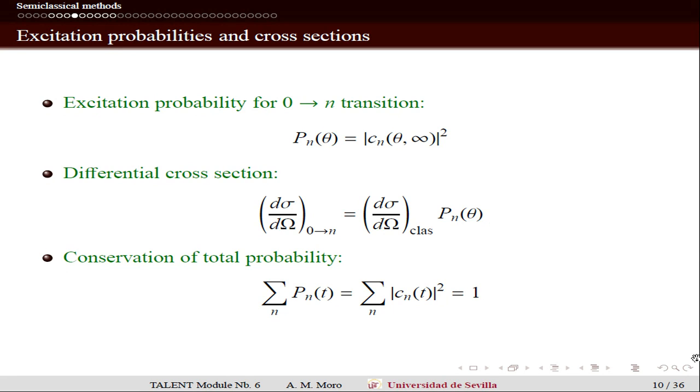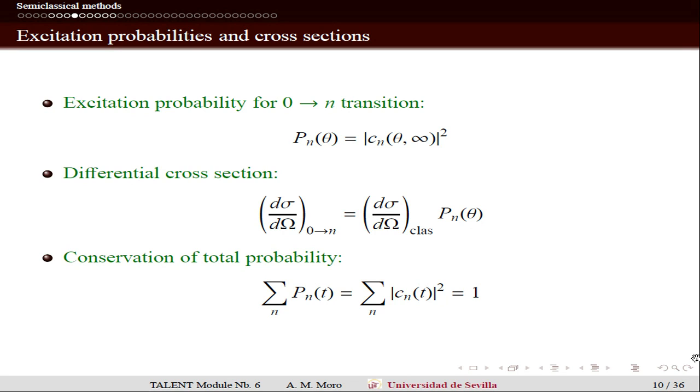This is what Jeff yesterday referred to as survival probability, survival in some specific state. So in the classical picture, these C coefficients play the same role. They give us the probability of populating some state. So this condition here is similar to the condition that we wrote for the unitarity of the S matrix, which was related to the conservation of flux.